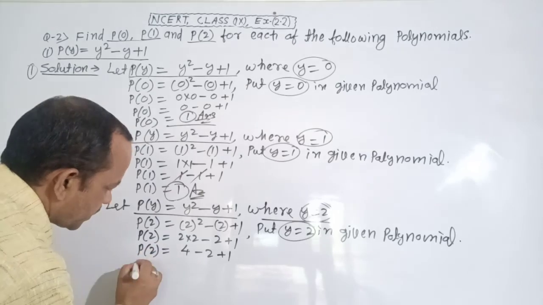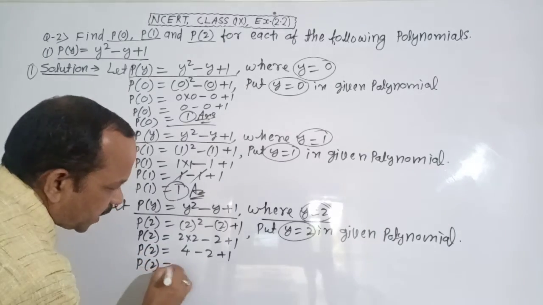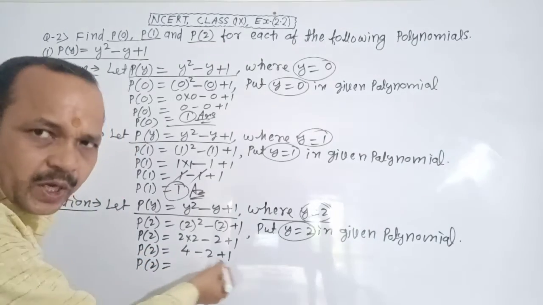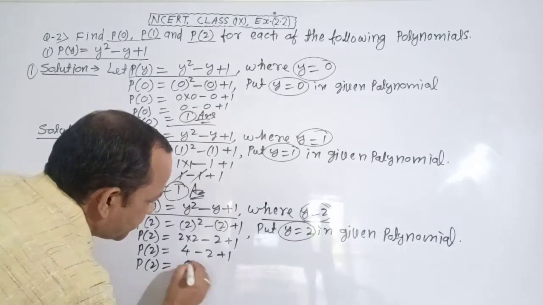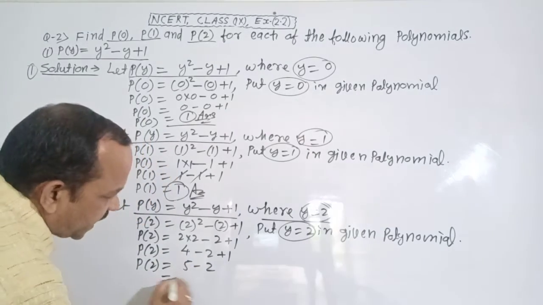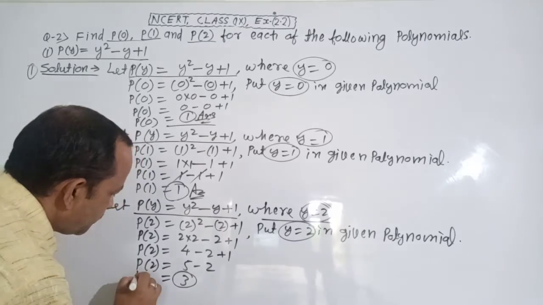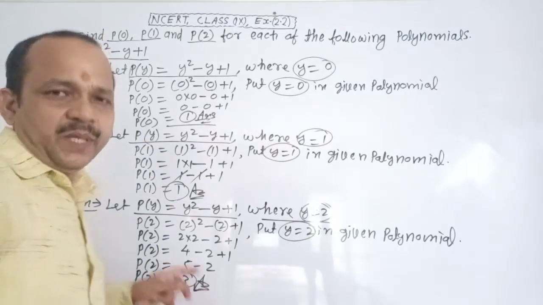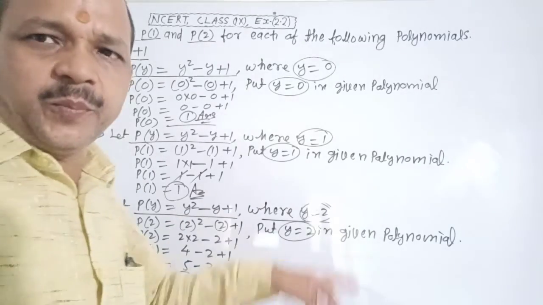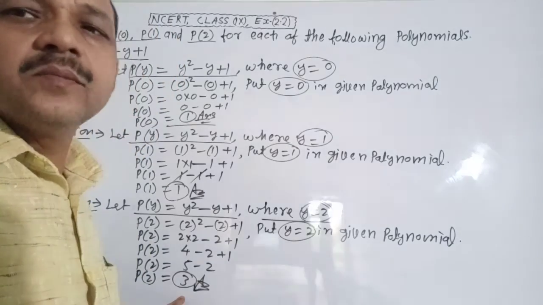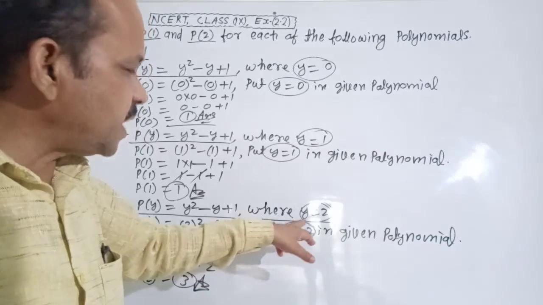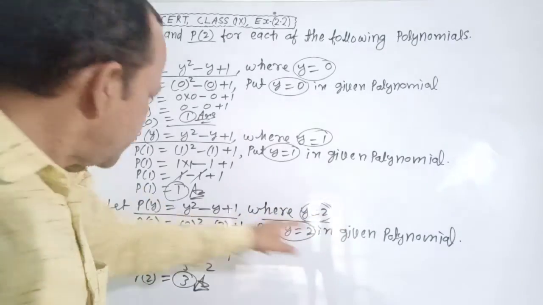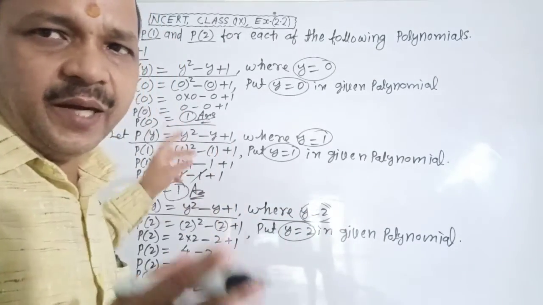P(2) equal to 4 and 1 become 5, minus 2. Subtract it. It becomes 3. P(2) equal to 3 is your answer. It means you find the value of the given polynomial is 3 when you put the value y equal to 2 in the given polynomial. It is clear?